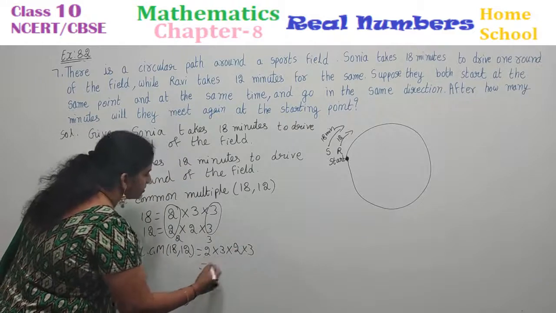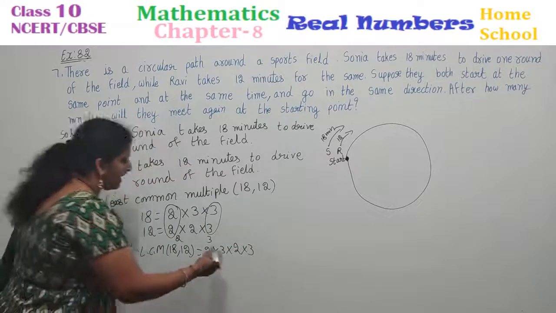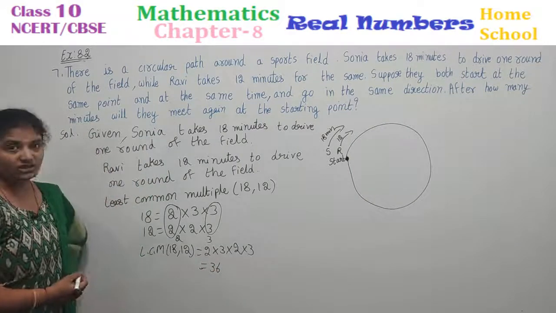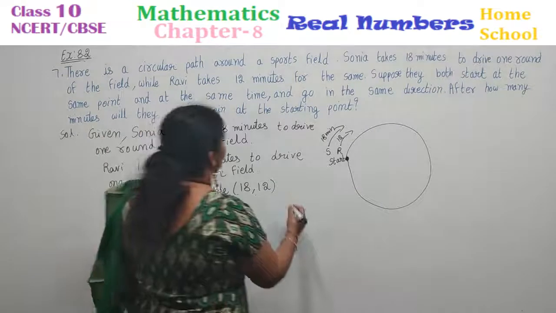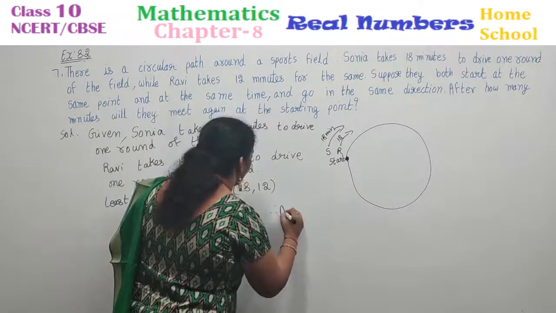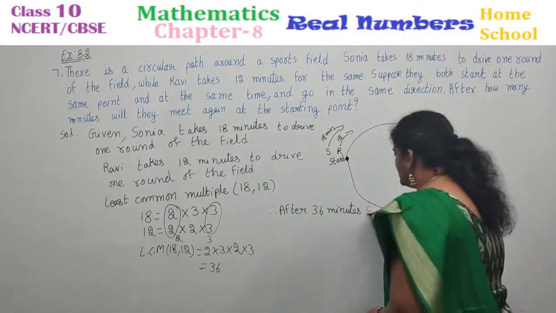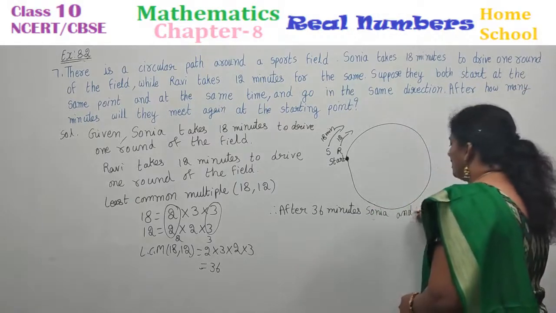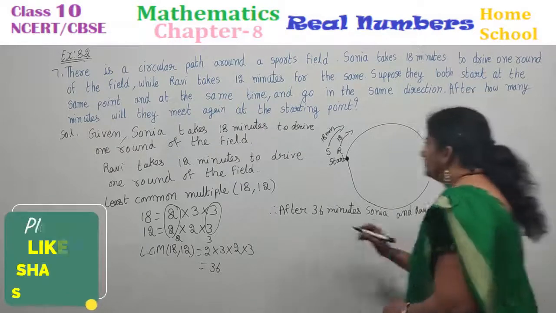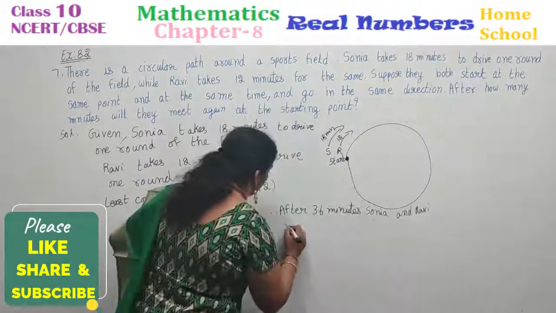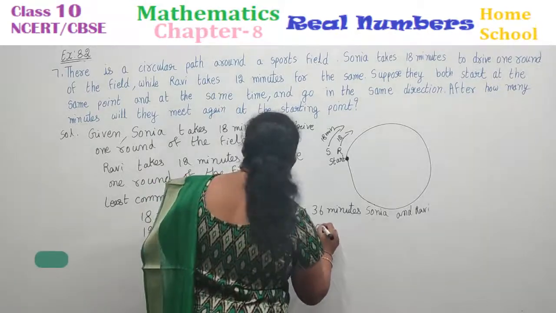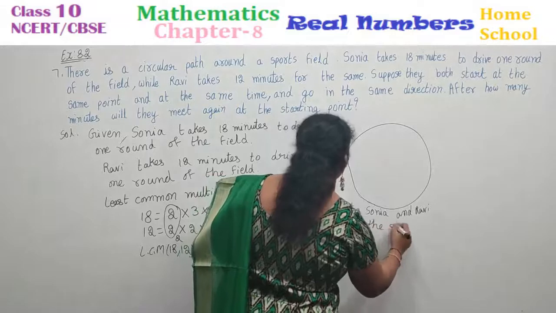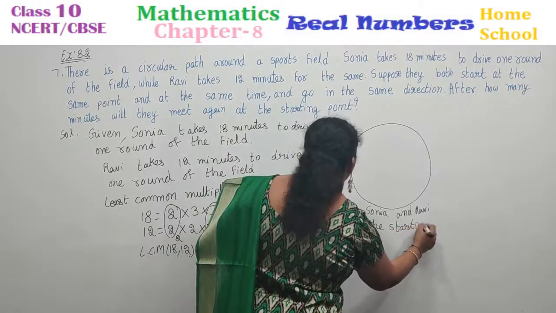Multiply this. 2 3s are 6, 6 2s are 12, 12 3s are 36. Finally, what can you write, children? Therefore, let me write the statement here. Therefore, after 36 minutes, Sonia and Ravi meet again at the starting point.